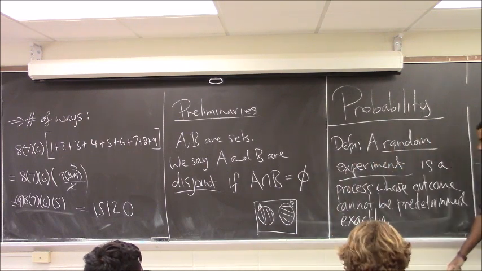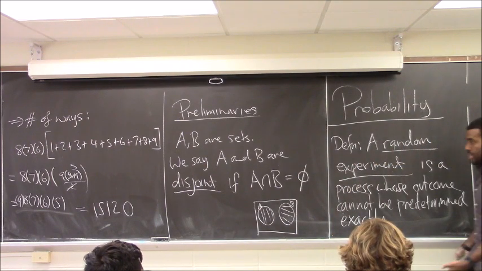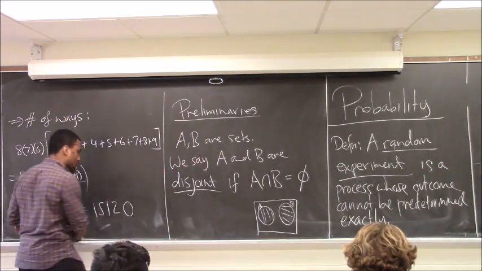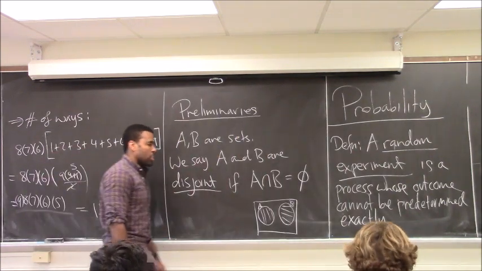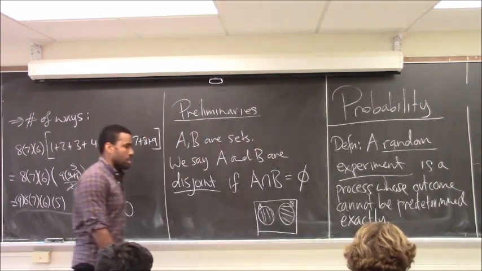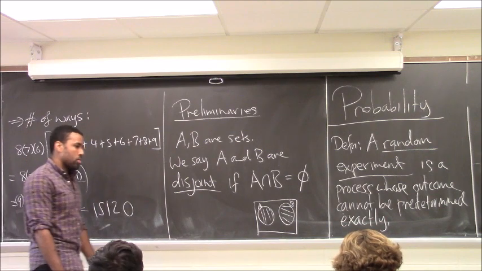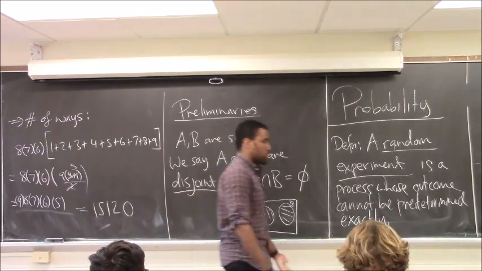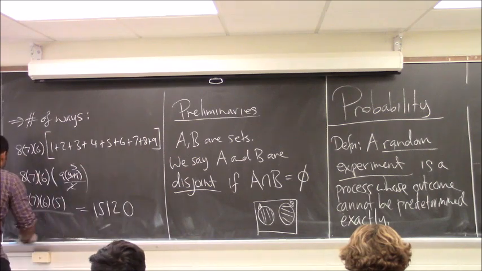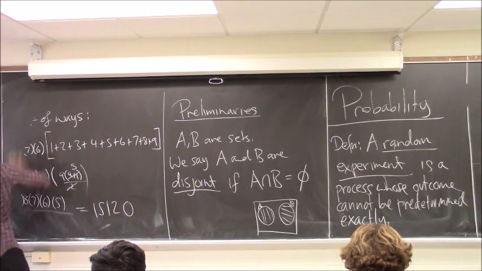Exactly. So, flipping a coin is a random experiment. Shuffling a deck of cards and picking something without looking at it, random experiment. Sure, I can talk about the possibilities, but I can't say for sure what's going to happen. I don't know that if I flip a coin right now, it's going to land on heads. Sure, it could be heads or tails, but a random experiment means you cannot predict the outcome with certainty.